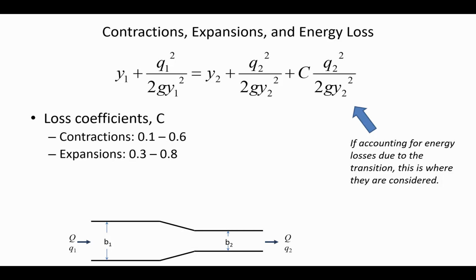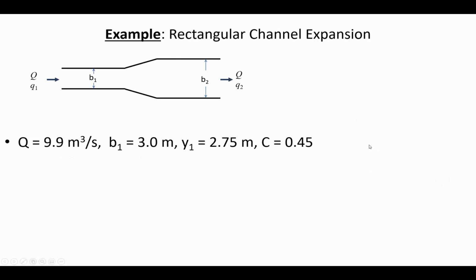Okay, let's then move to a specific example. Let's look at an expansion where the flow rate is steady. It's not changing over time, so the big Q, 9.9 cubic meters per second, applies at location 1 and at location 2.